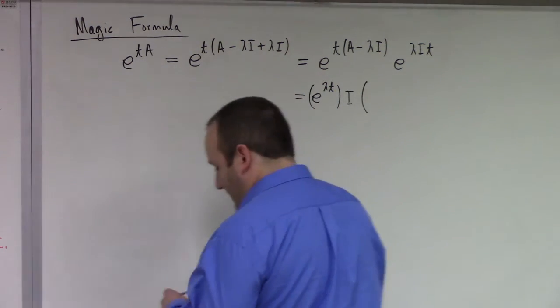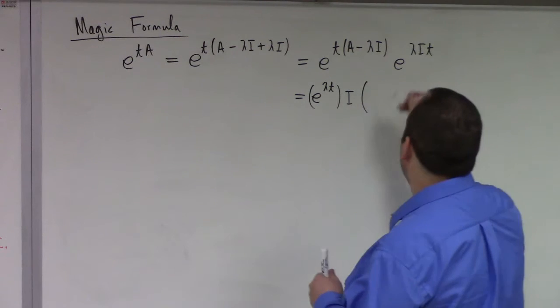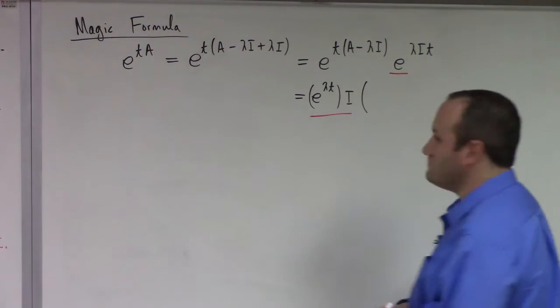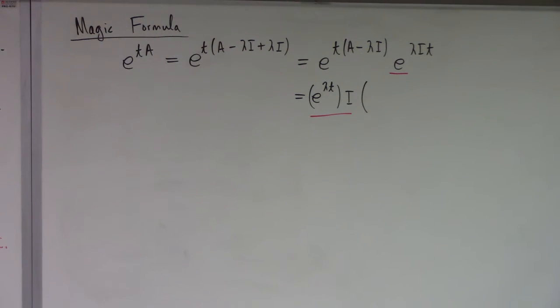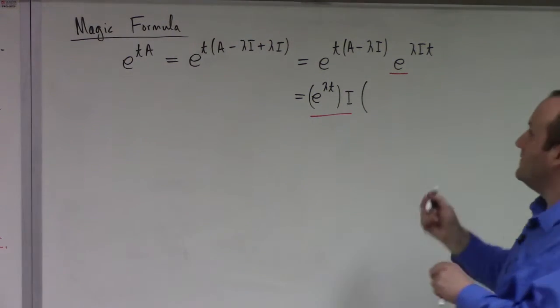I'm just going to put that out front. That's using the exponential of a diagonal being the diagonal of the exponentials. But in this case, it's got the same number down the whole diagonal. So it's just one exponential, and I can factor it out. And that's where the magic happens.